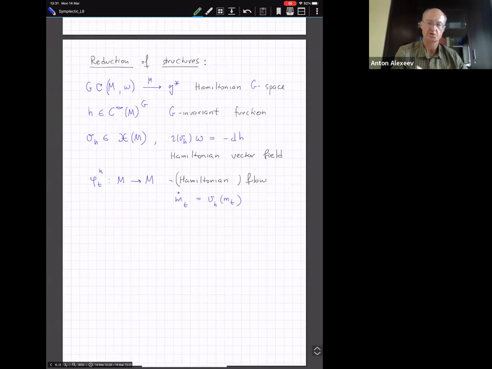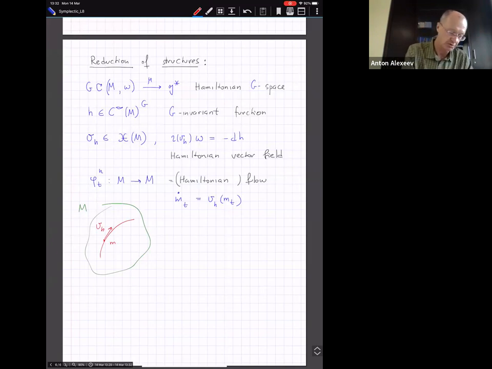Right. So that's a kind of standard story. This is our manifold. That's our point m, and the vector field V_H moves it in the manifold.